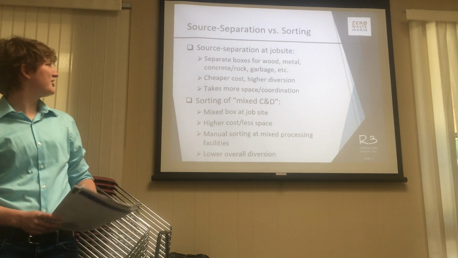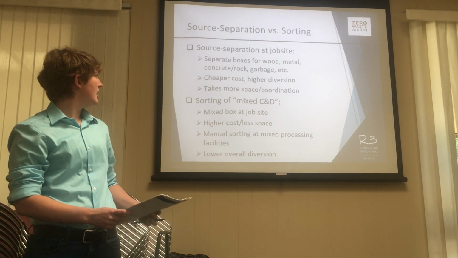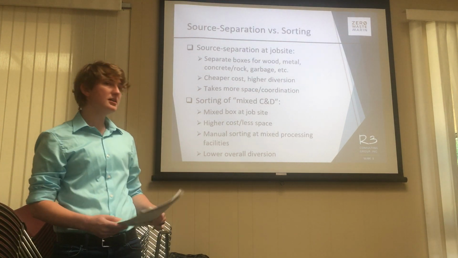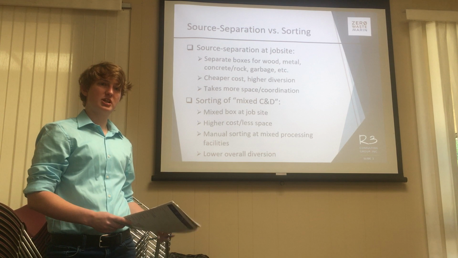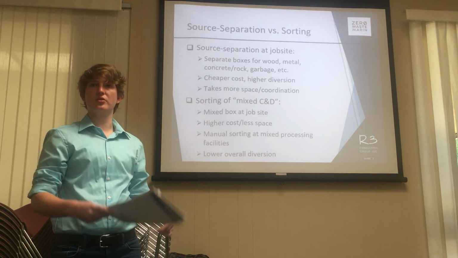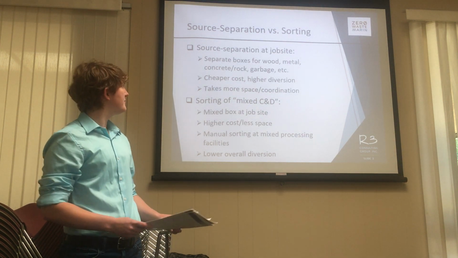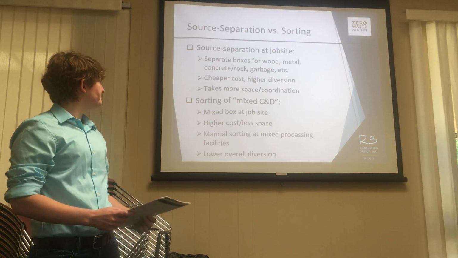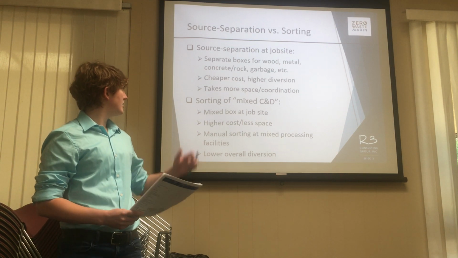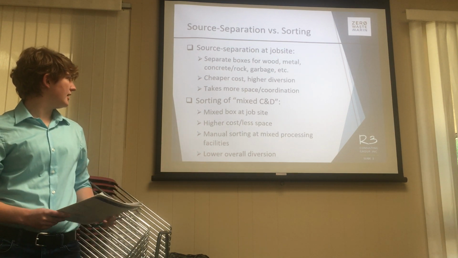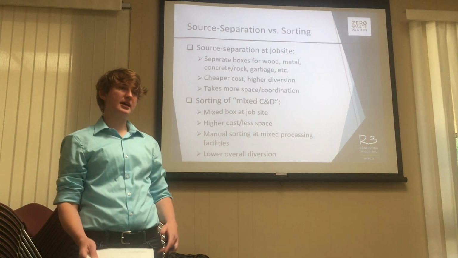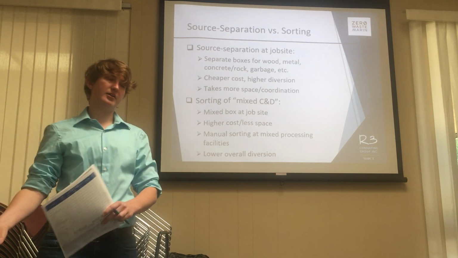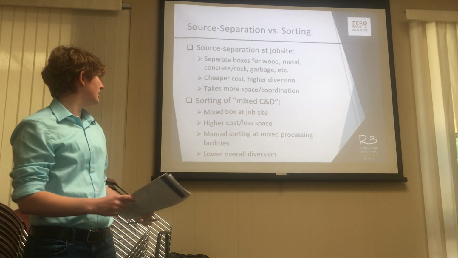Okay, so there's a little bit more detail here on the two methods. You probably are going to see a cheaper cost when you're doing source separation at the job site, because you might get discounts for materials that are higher value. But it's going to require a little bit more coordination. And the sorting of the mixed C&D, we're talking about sorting the material not at the job site, but on a sort line at the facility.